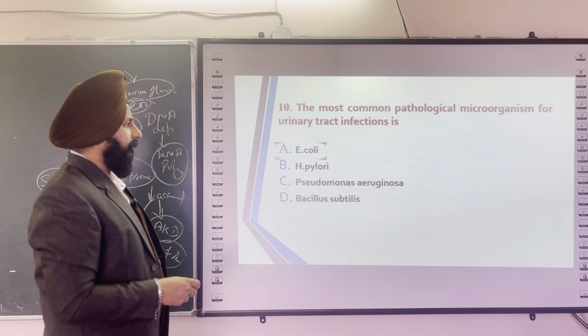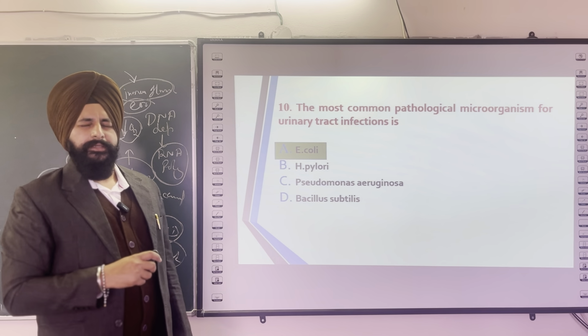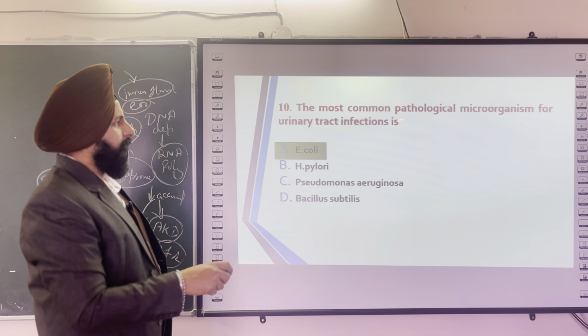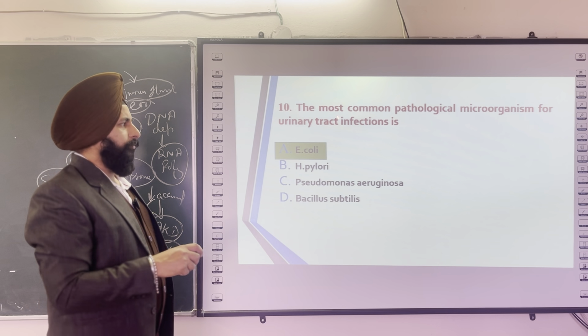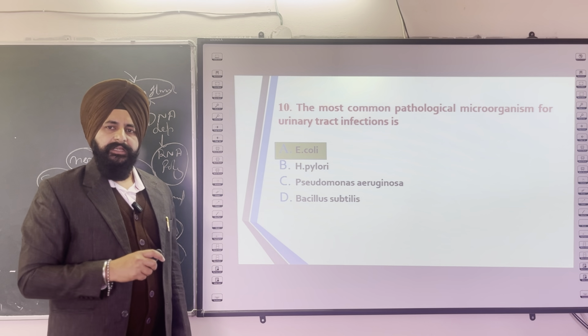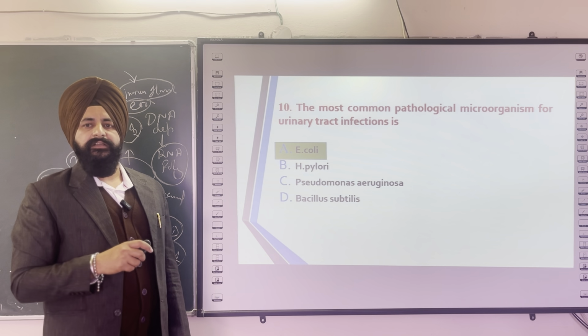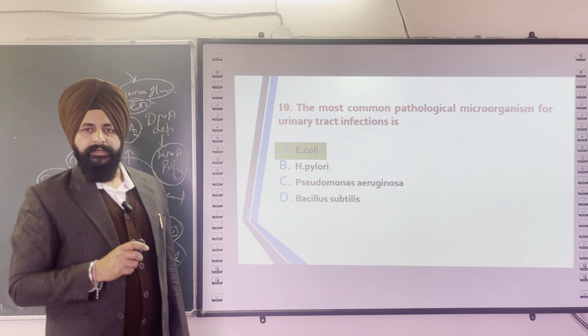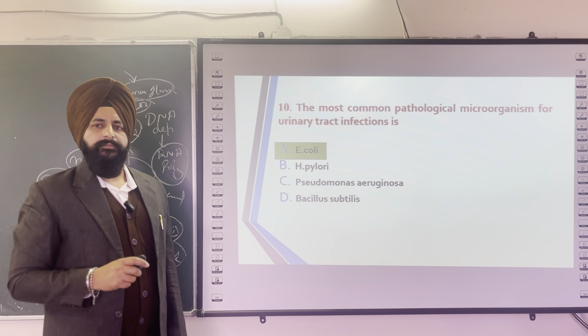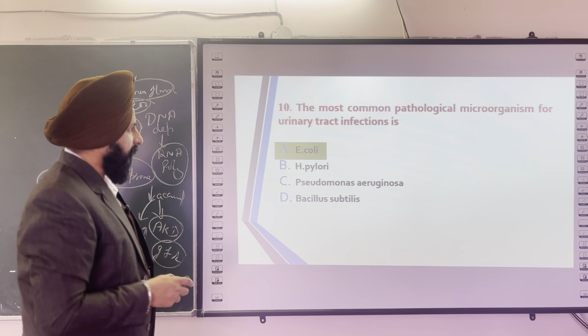The correct answer for this question is Escherichia coli, E. coli. So E. coli is found to be one of the microorganisms which cause urinary tract infection, and sometimes it causes lower intestinal infection. So this E. coli is a gram-negative type of bacteria which is responsible for these types of infection in the body.